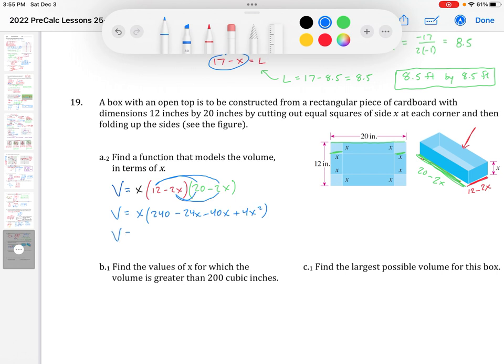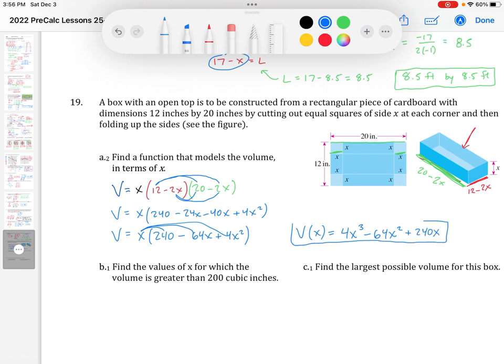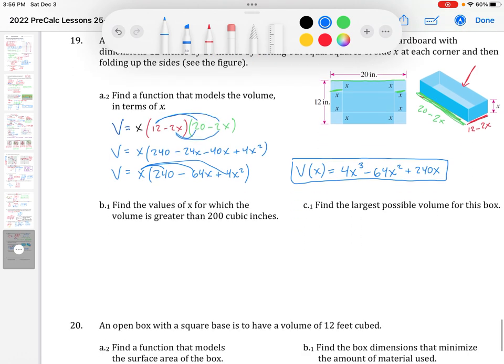All right, so this volume is X times 240 minus 64X plus 4X squared. So our volume in terms of X, the last thing I'm going to do is distribute that X and then rearrange. So I get 4X cubed minus 64X squared plus 240X. So that would be the volume in terms of that dimension X.